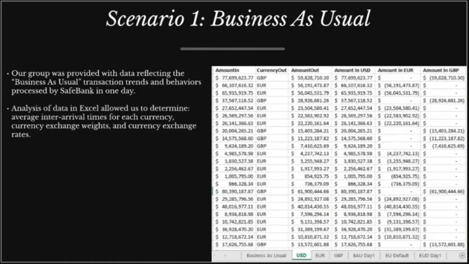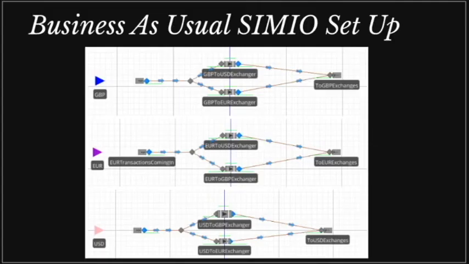For the business as usual scenario, our group was provided with data reflecting the business as usual transaction trends and behaviors processed by SafeBank in one day. Analysis of data in Excel allowed us to determine average interarrival times for each currency, currency exchange weights, and currency exchange rates.